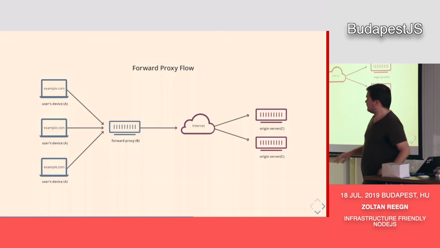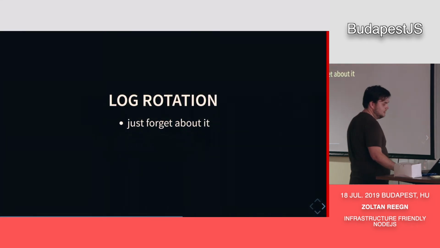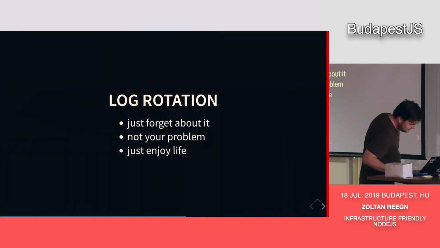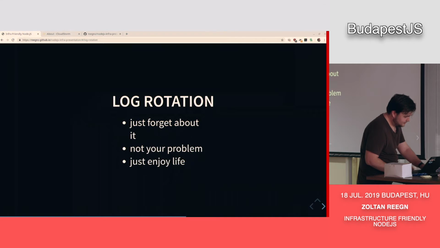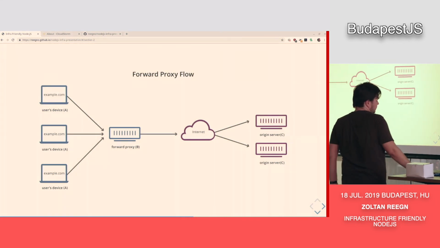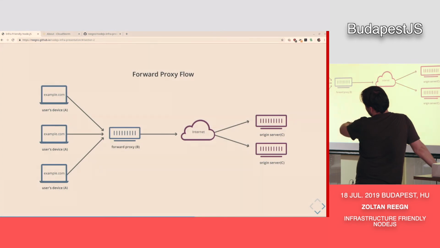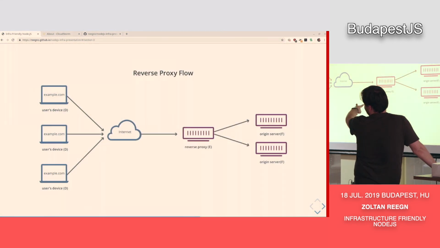So two kinds of proxies, forward and reverse. Sorry, I messed up my slides. God damn it, I usually do that. So we have forward proxies and reverse proxies. You can see whether it's forward or reverse by where the internet is on the diagram.